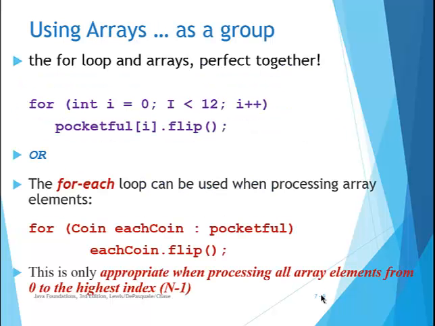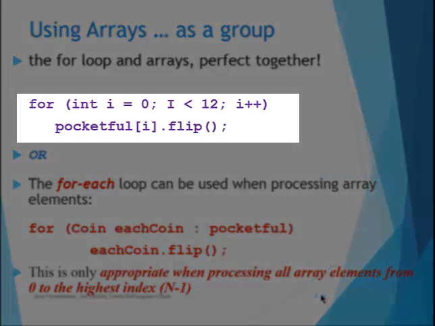As mentioned earlier, the two important ways we will want to be able to use our arrays in code are number 1, as a group, accessing them sequentially, and number 2, accessing them randomly or individually. Let's examine the as-a-group processing first.